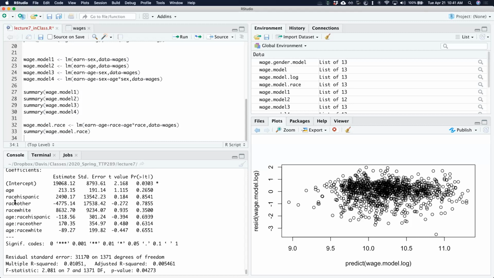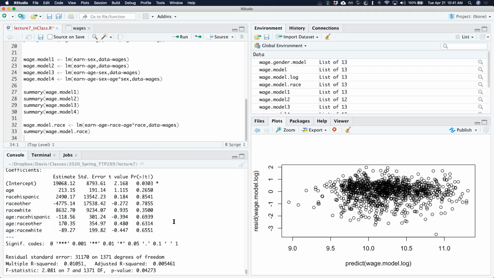And then each of these races here indicates different intercepts. And then you have different slopes that are differentiated from age. The age and the base.